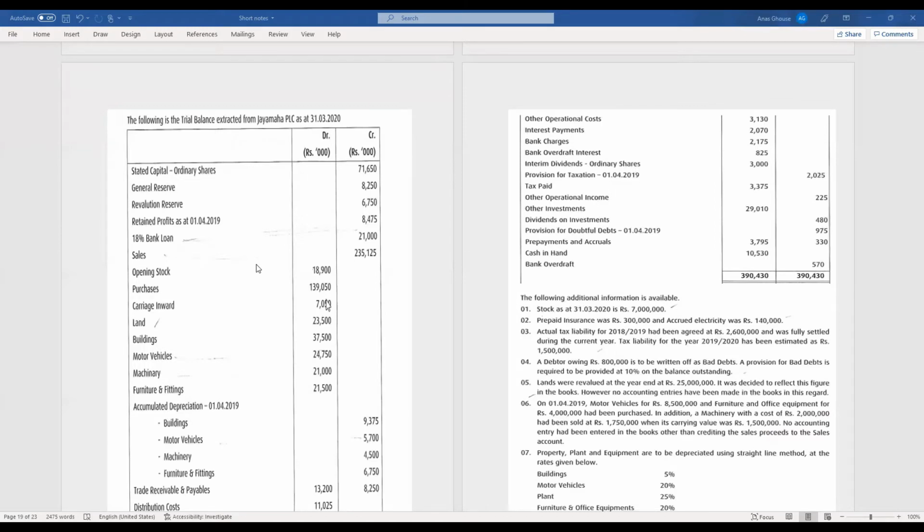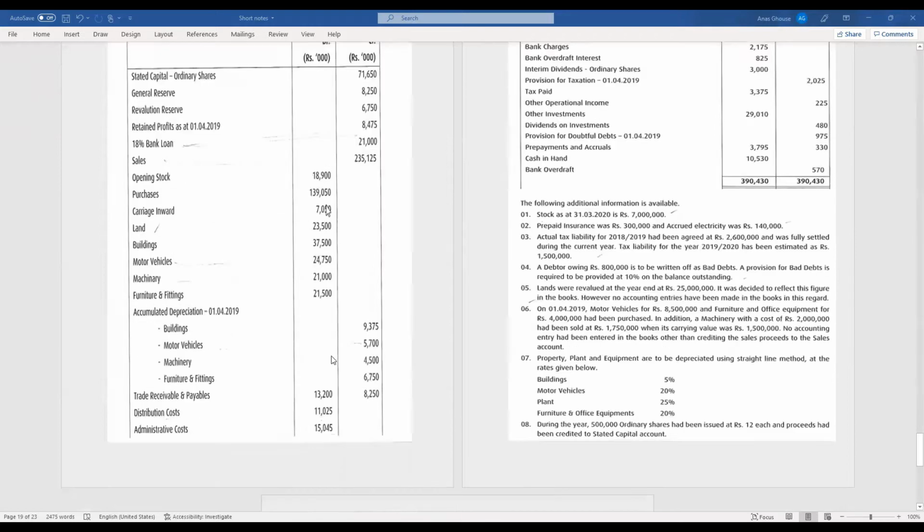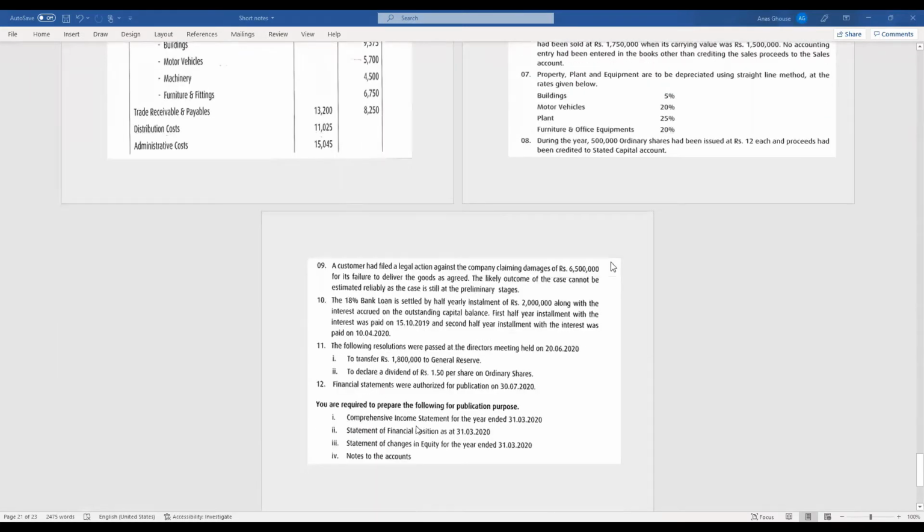Then I pick the information from the trial balance and fill the relevant sections in the financial statements, which are the income statement, financial position, and changes in equity. So let's do that first.